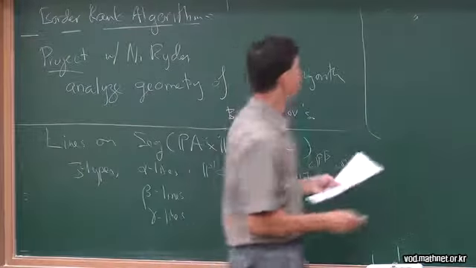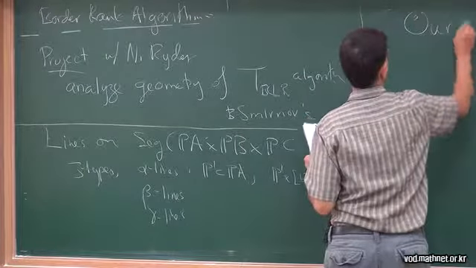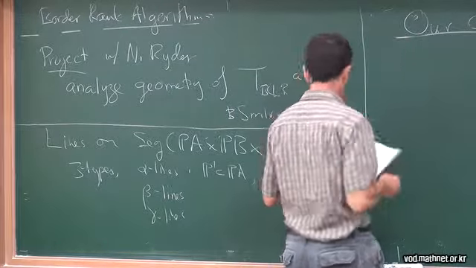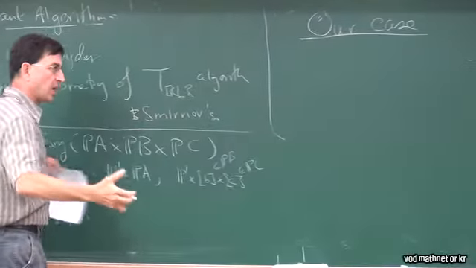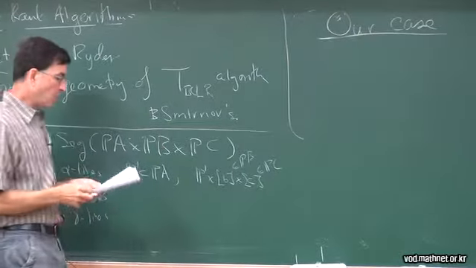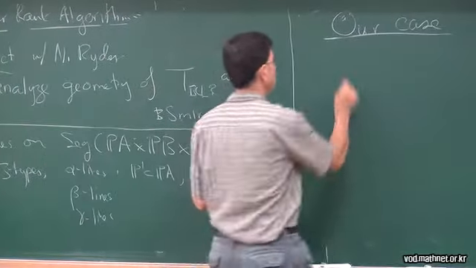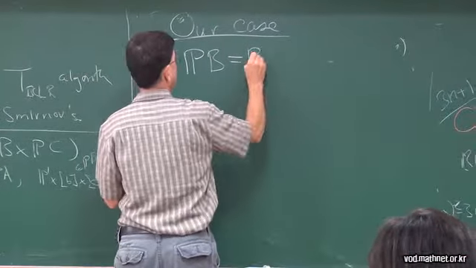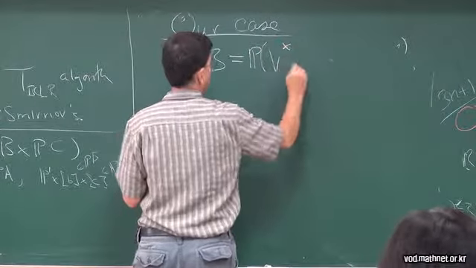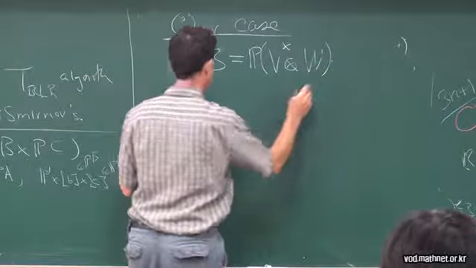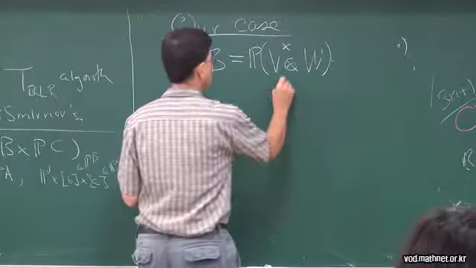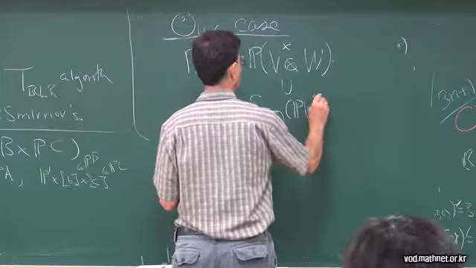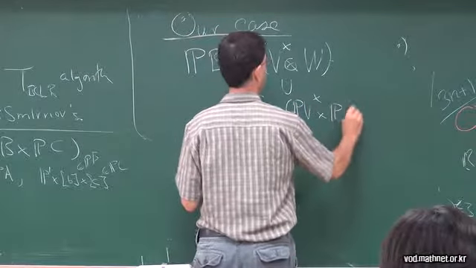Now, in our case, there's even more structure. This is the macroscopic, the external structure. We also have internal structure because, for example, PB is P of V star tensor W, space of matrices. And inside here, we have the Segre, P of V star cross PW.